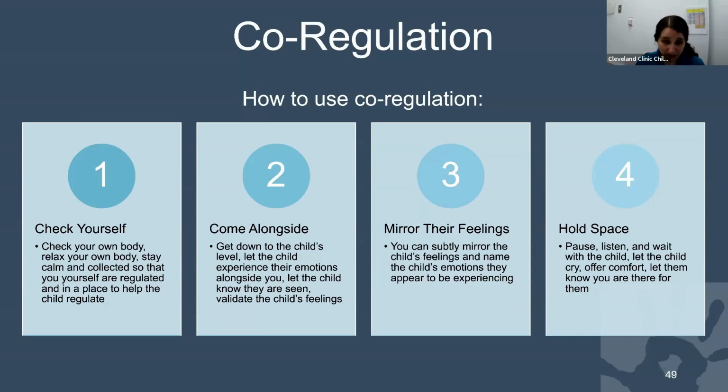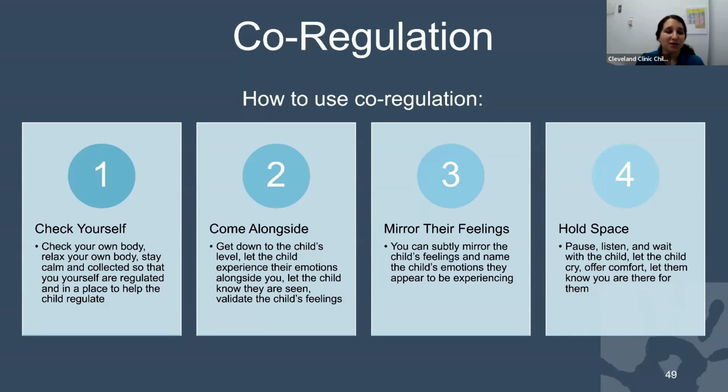Once you're in that place, go sit alongside them. Standing over them a lot of times just makes a kiddo more anxious. Come sit with them, and you can mirror their feelings. You know, what we talked about before. I get it. I wanted to go to the park too. I'm feeling really sad. Oh man.